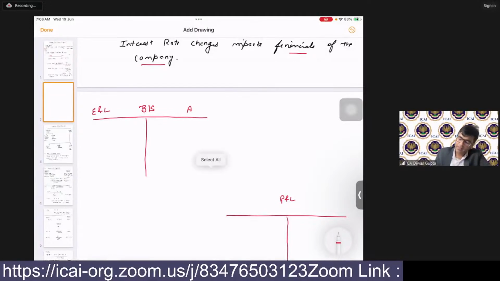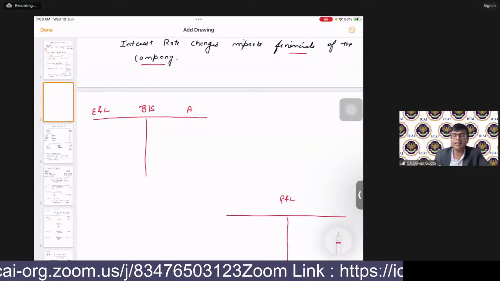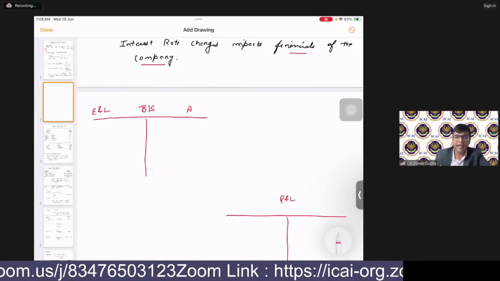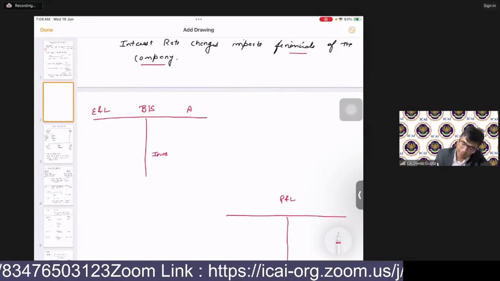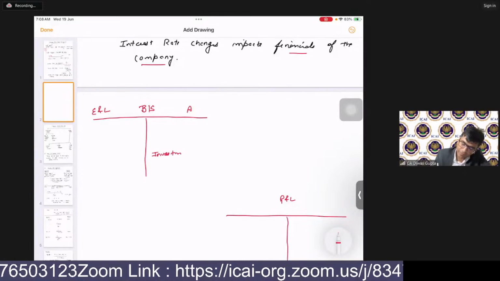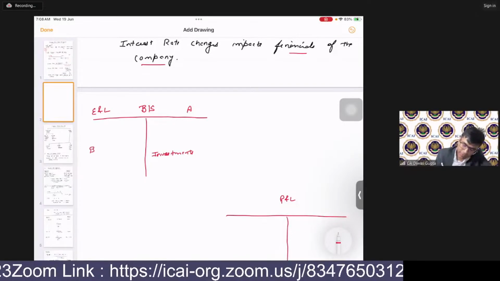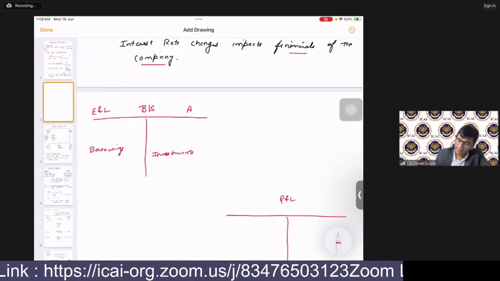In the asset side we will have a lot of things, but I'm just taking those items which are relevant from this discussion standpoint. I'm taking investments, and here I'm taking borrowings.